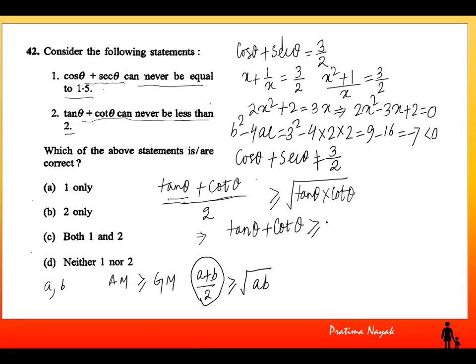Either it is equal to 2 or it is greater than 2. So it cannot be less than 2. So this is correct. The first one we got correct here: it is not equal to. Second one, it can never be less than 2. So which one is correct? Both 1 and 2 are correct.